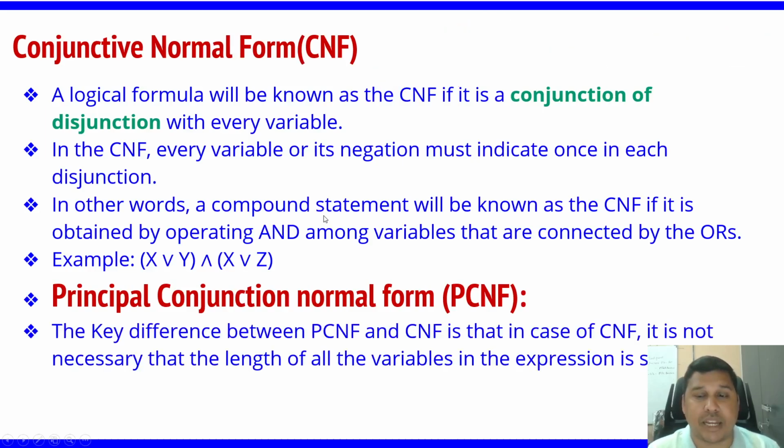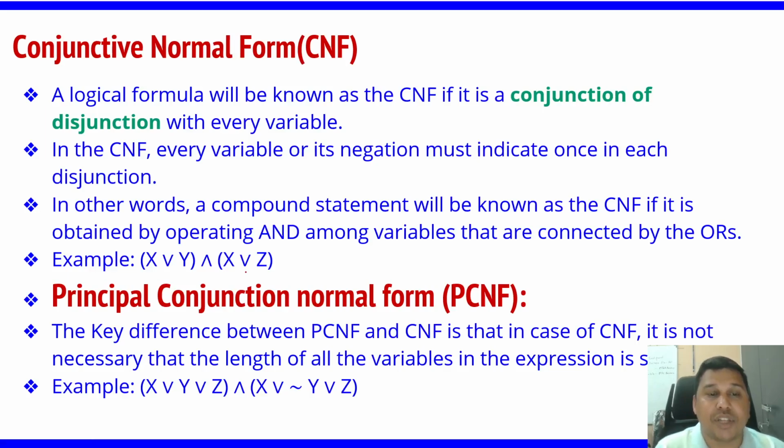I'll show you the example. If there are three variables, the length of the disjunction should be 3: X or Y or Z, and X or minus Y or Z. Here you see we have all three variables in the disjunctions, and they are connected using conjunction. This is called principal conjunctive normal form.